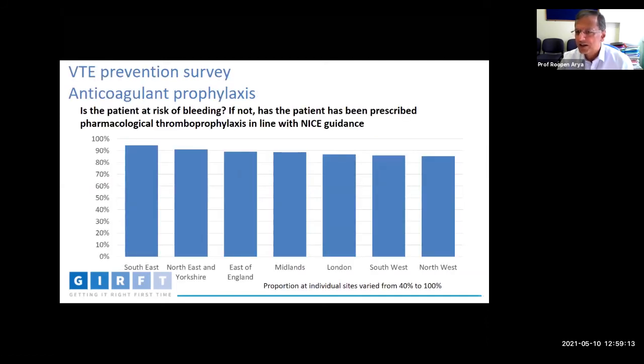And unsurprisingly, because I think the VTE prevention processes are now well embedded in the NHS, there was an 80 to 90% appropriate thromboprophylaxis rate, albeit with variation at the individual sites.